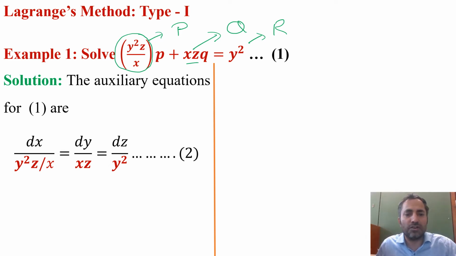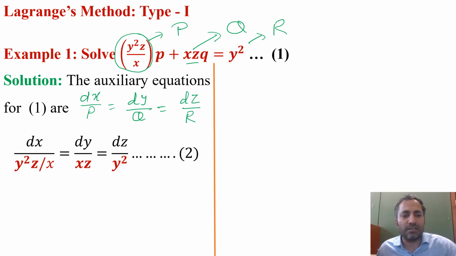Always write the auxiliary equations: dx upon capital P is equal to dy upon capital Q is equal to dz upon capital R. Now we put the values of P, Q, R here. So it is dx upon y square z by x is equal to dy upon xz is equal to dz upon y square.